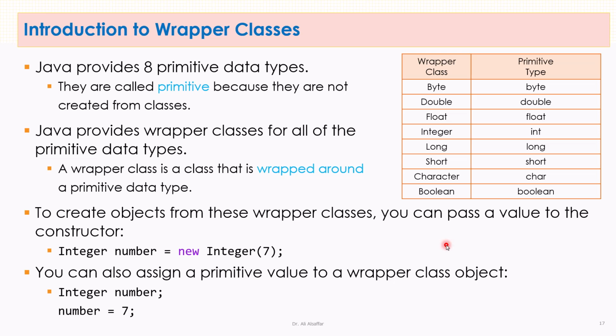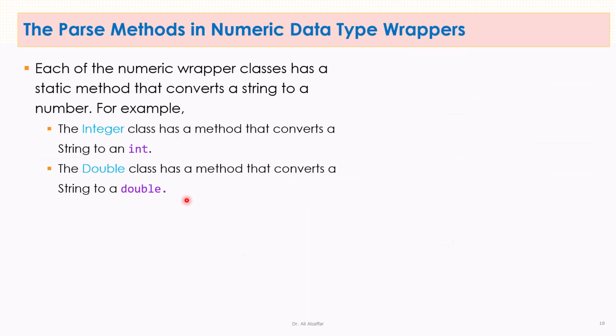After understanding that we have a wrapper class for each primitive data type, let us show you how to use the numeric wrapper classes like Integer and Double for converting numbers that are represented as strings. To convert numbers that are in strings using numeric wrappers, we use methods that are called parse methods. Each of the numeric wrapper classes has a static method that converts a string to a number.